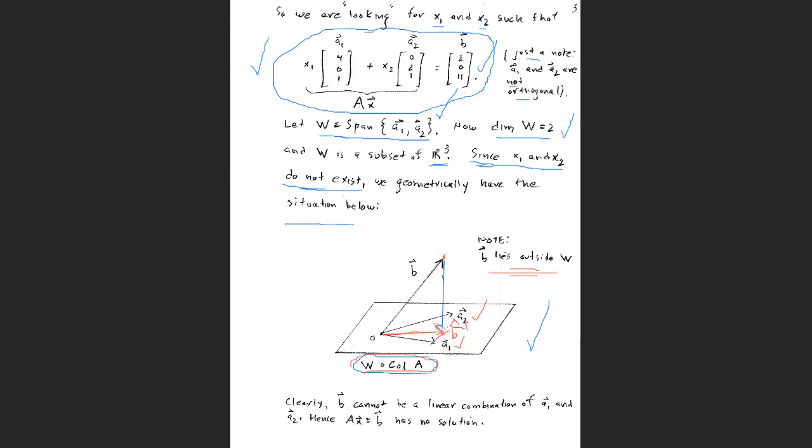So the projection vector b hat, the projection of the vector b down onto the column space of A, is the vector in the column space of A that lies closest to the vector b.